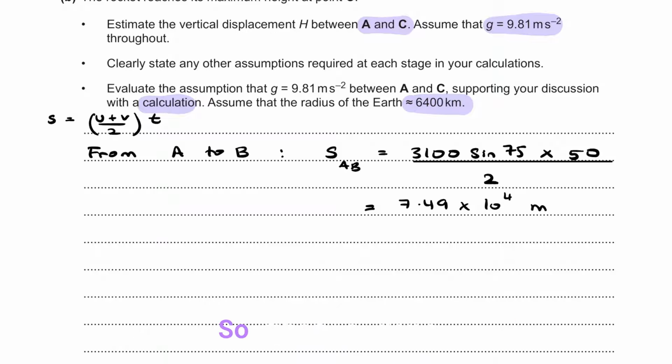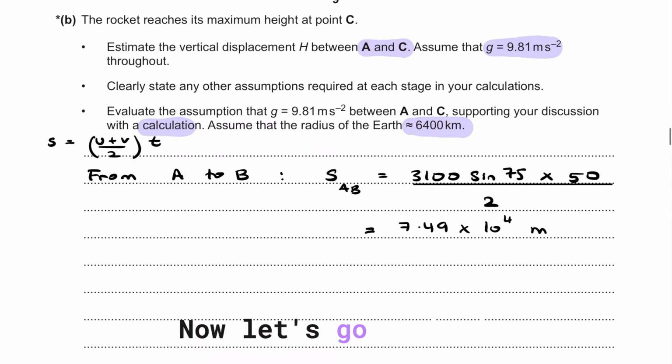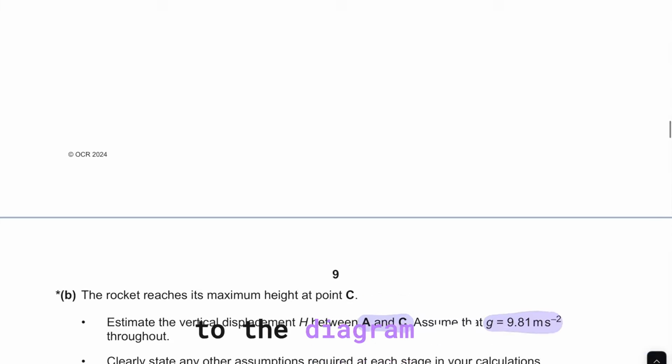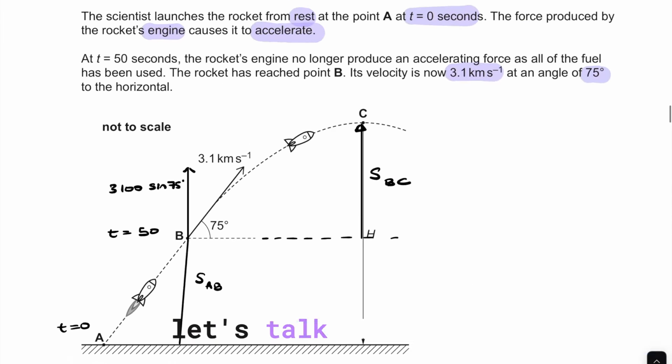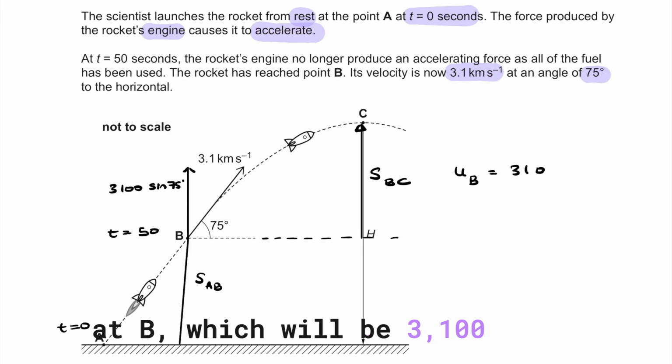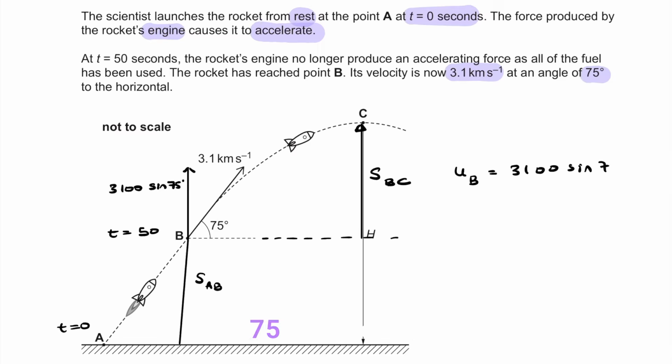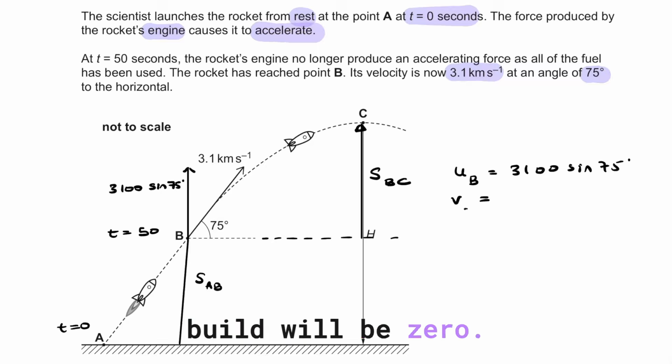Righty. So that's done. Now let's go back to the diagram and talk about B to C. It will have initial velocity at B, which will be 3,100 sine 75 degrees. And for point C, V will be 0.